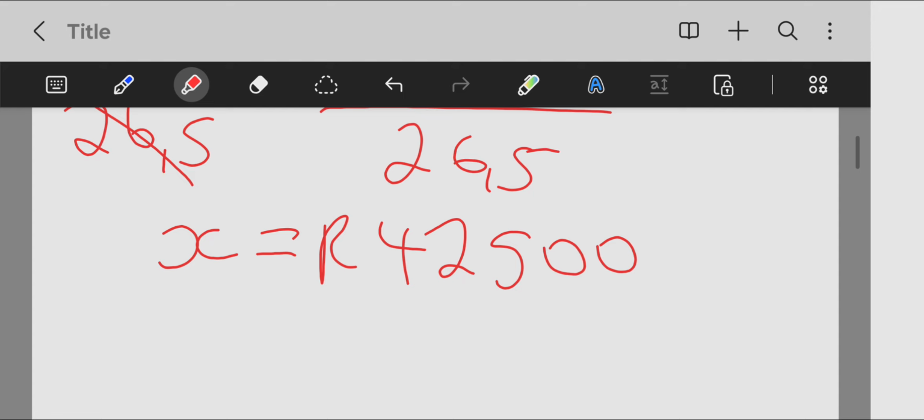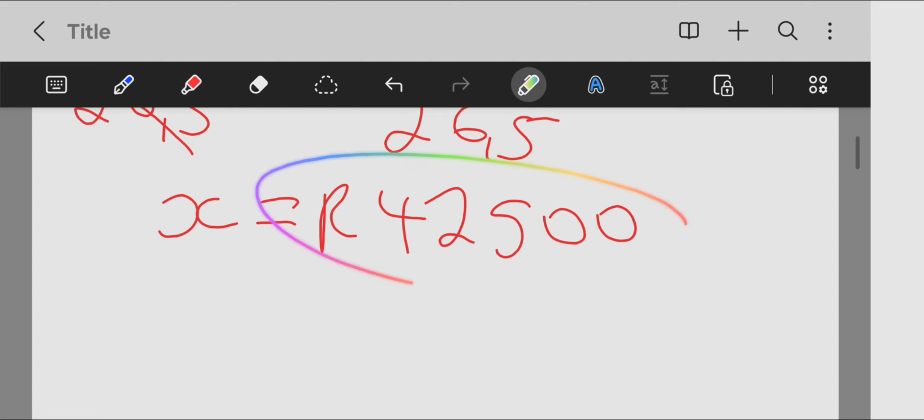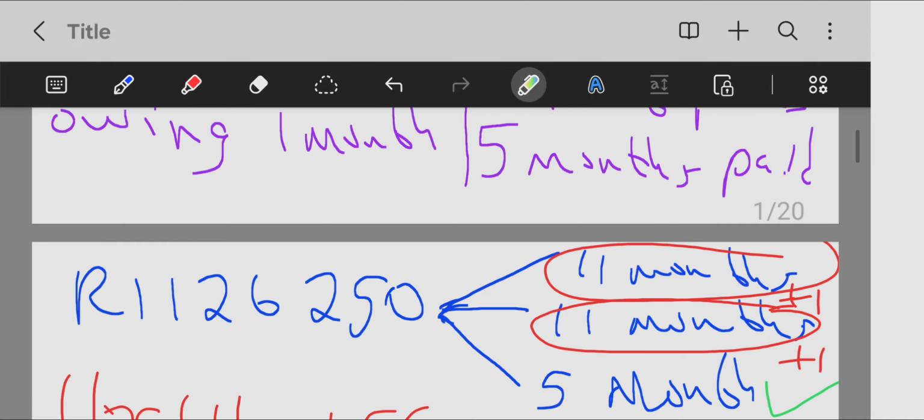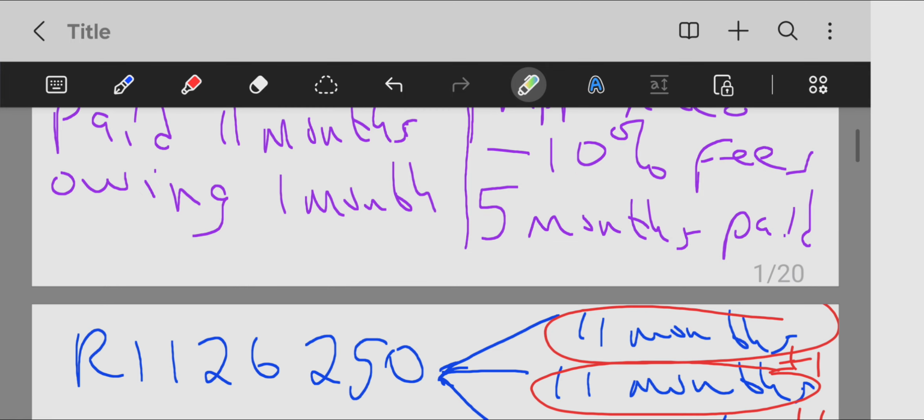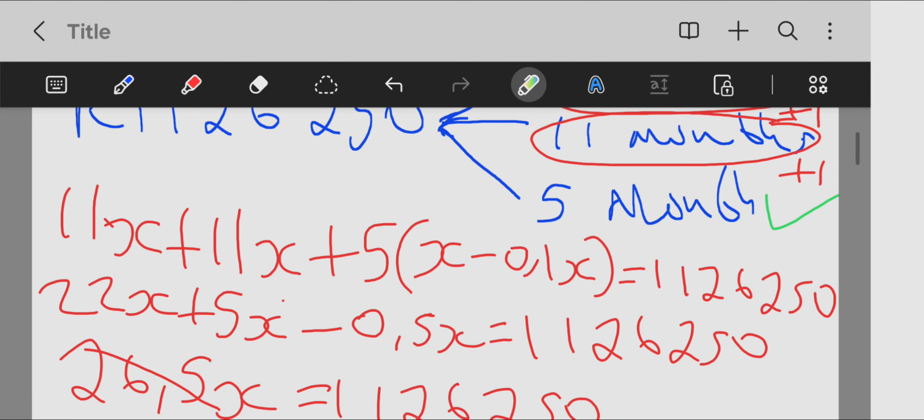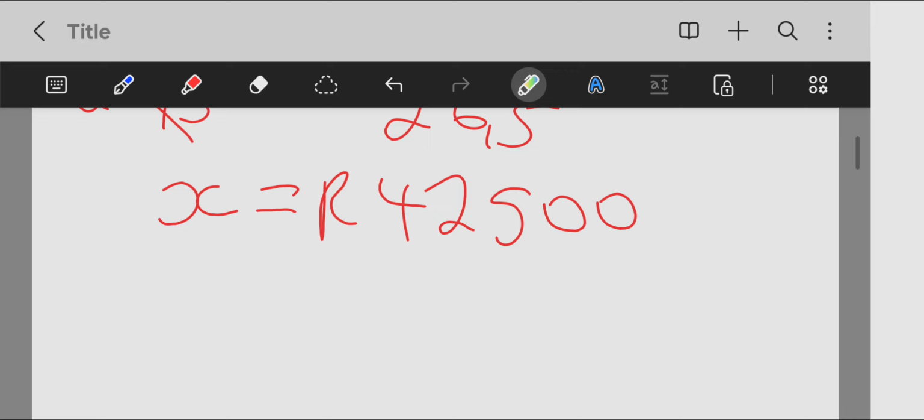Remember, what is our X? Our X is the monthly. Remember, our X from the very beginning is the monthly director's fees before we have a decrease. So now, remember what we said.